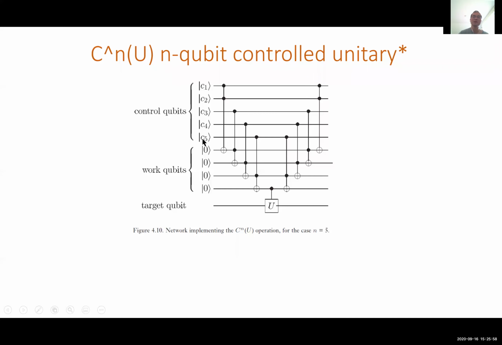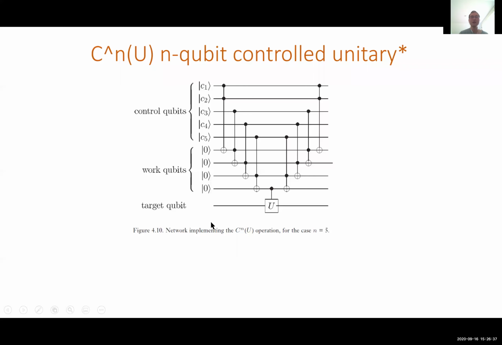many control bits. For example, here you have 5 bits used to control an action U. It's in general not so easy to construct, but there is one simple way. If you have extra work qubits, initialized in 0, these additional qubits would allow you to just use the Toffoli gate and the control U to realize the 5 control on this U gate.